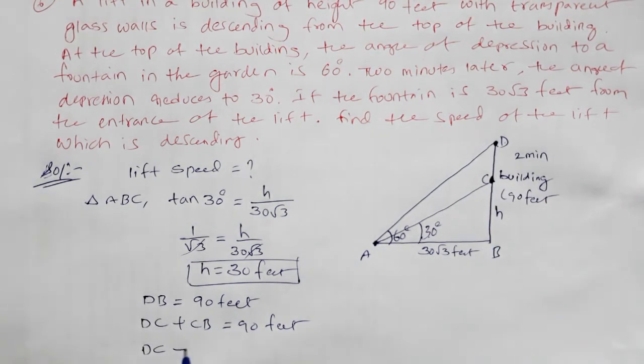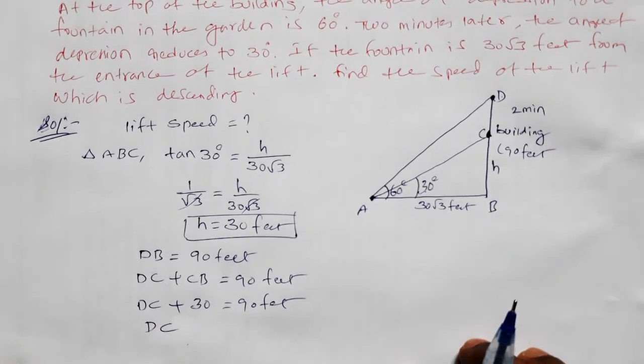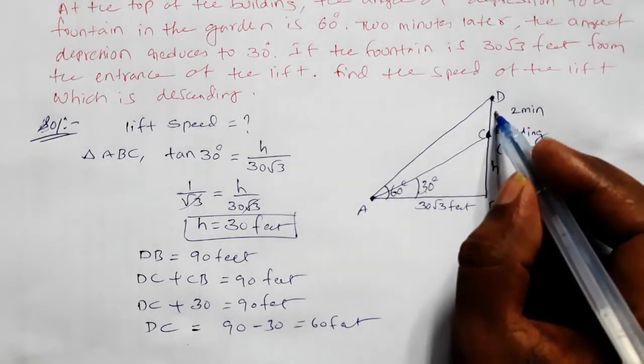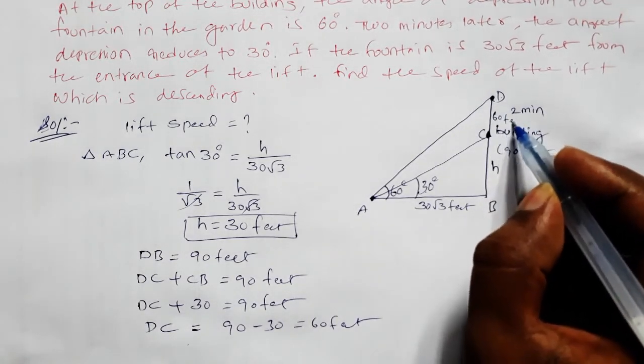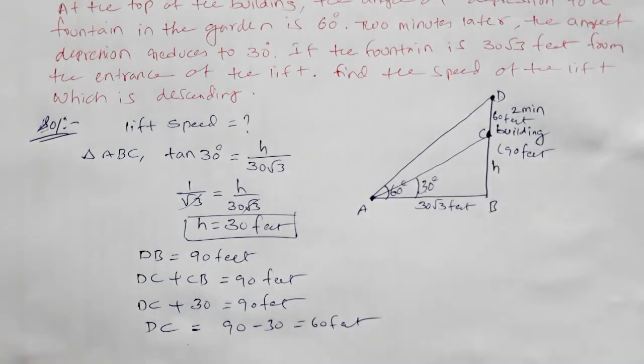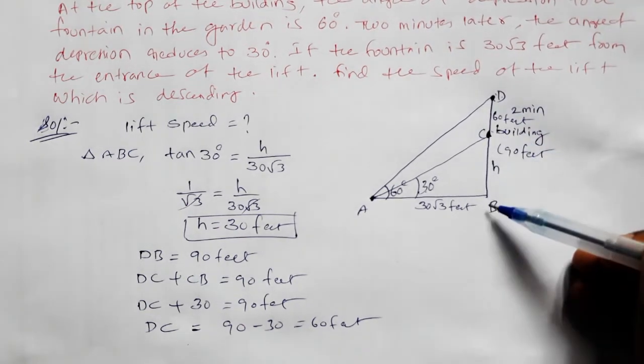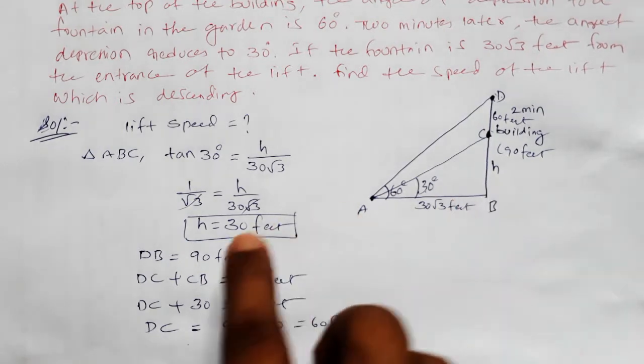So DC plus CB, 30 feet, is 90 feet. So DC equals 90 minus 30, 60 feet. So C to D is 60 feet, and C to B, that is H, is nothing but 30 feet.